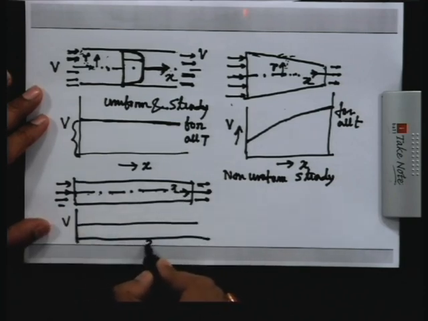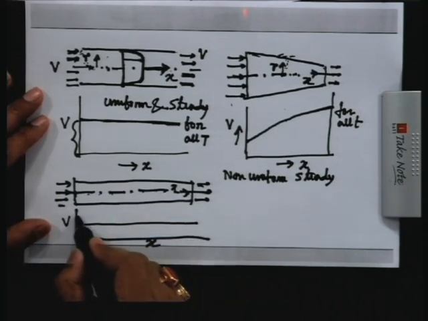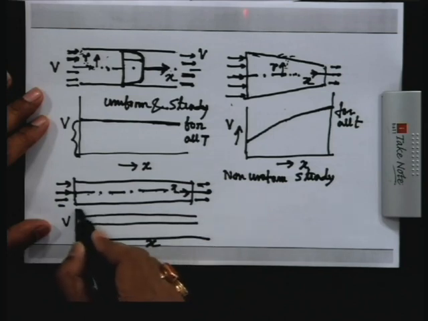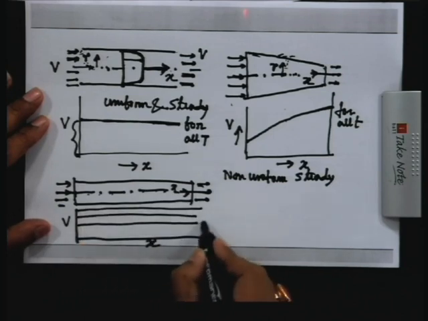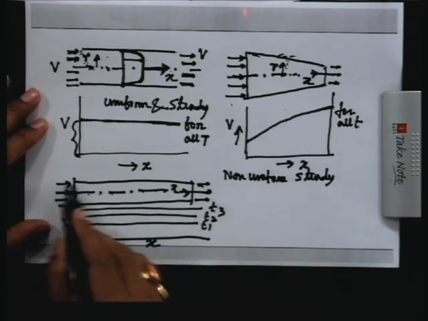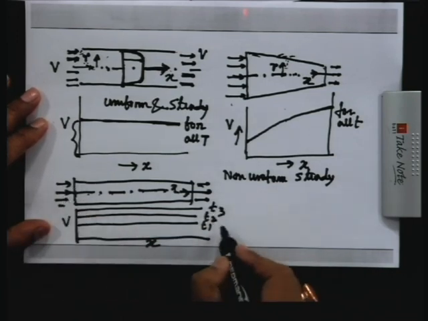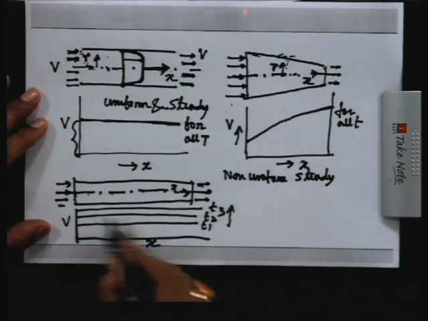and this is x. Okay? But this will change with time, t equal to t1, t2, t3. Now, if the inlet velocity is increased with time, then t will increase in this direction and the velocity will change.